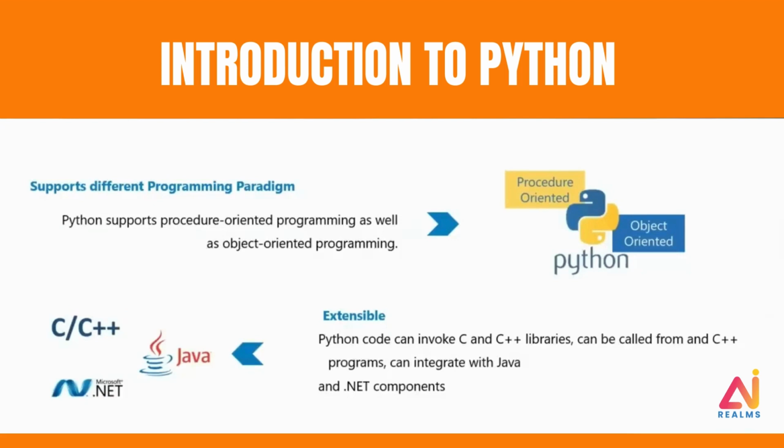It supports different programming paradigms like object-oriented and procedure-oriented programming, and it is extensible, meaning that it can invoke C and C++ libraries. Python is also gaining unbelievably huge momentum in AI. The language is used to develop data science algorithms, machine learning algorithms, and IoT projects.